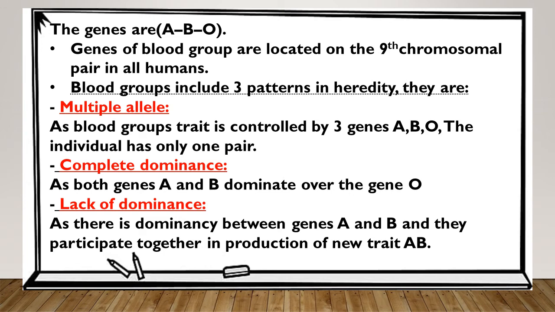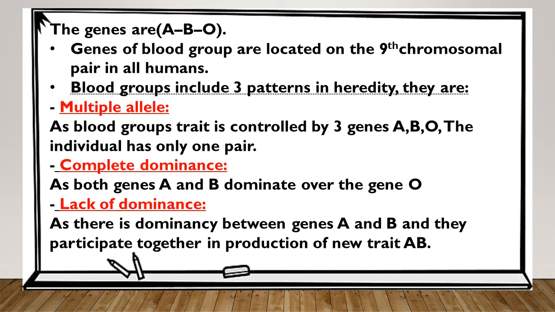The second case, we can see a case of complete dominance in the blood group character, as both gene A and gene B dominate over the gene O. So it means that gene A is dominant while gene O is recessive. Also gene B is dominant and gene O is recessive.